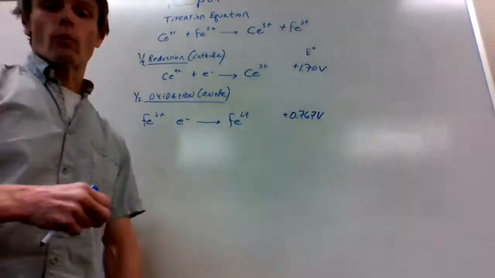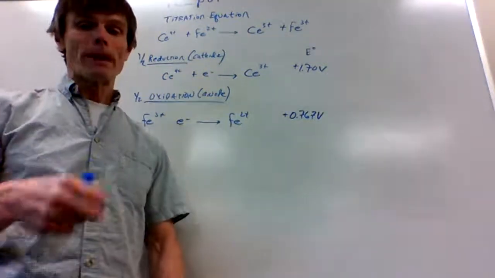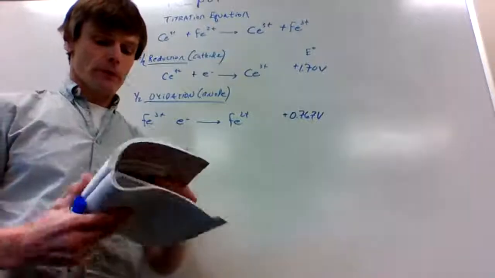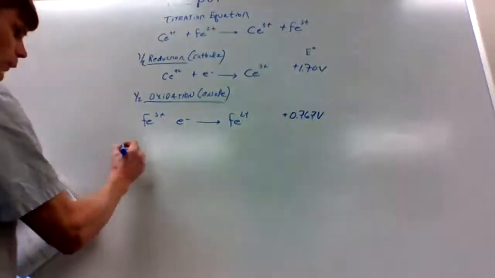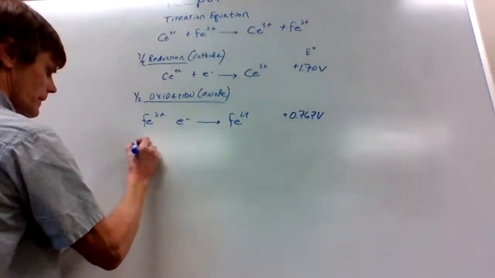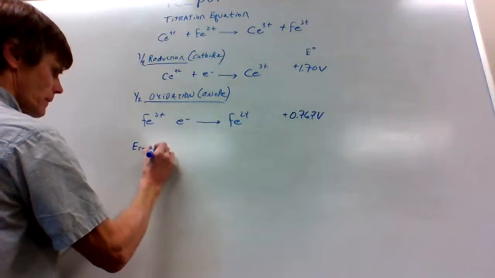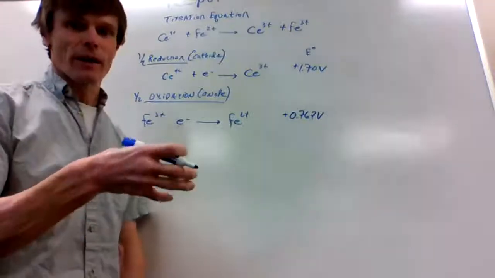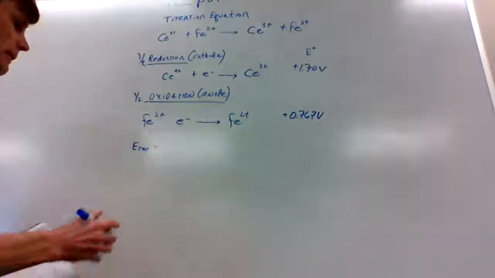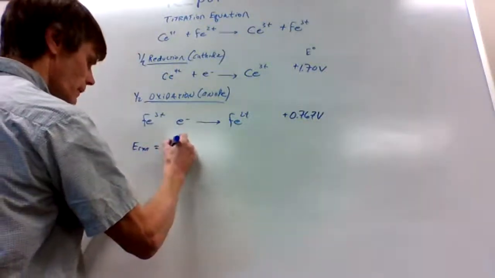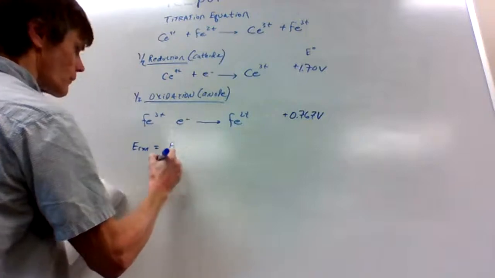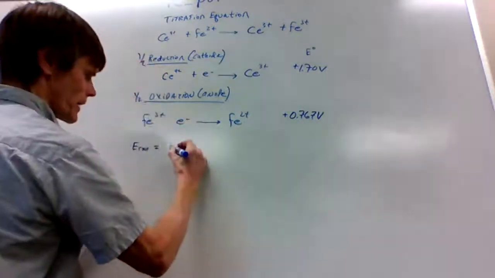Okay, remember at our working electrode, we're measuring a process occurring. And what we would write, the E for the reaction that we're going to be measuring at our working electrode, is accounting for the E for our reduction half reaction.